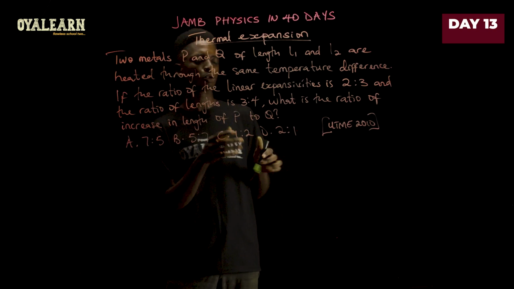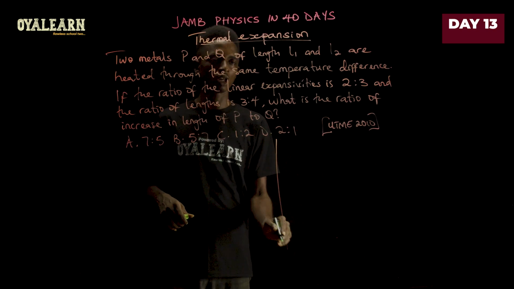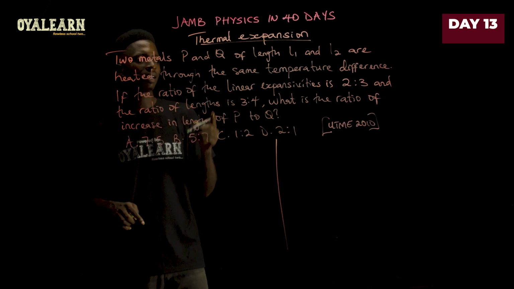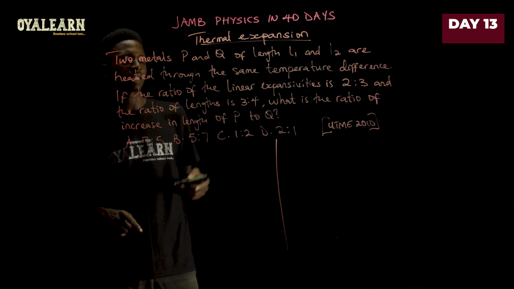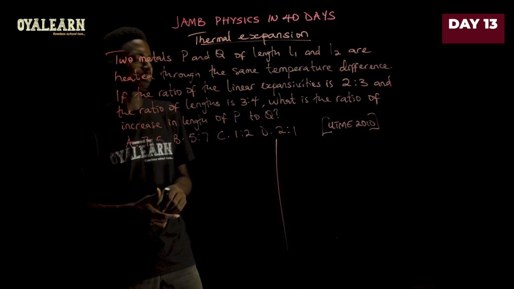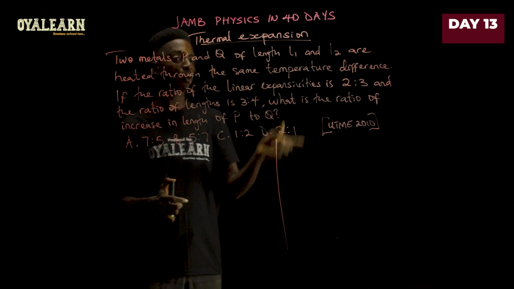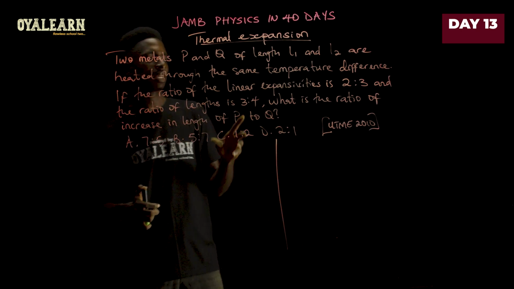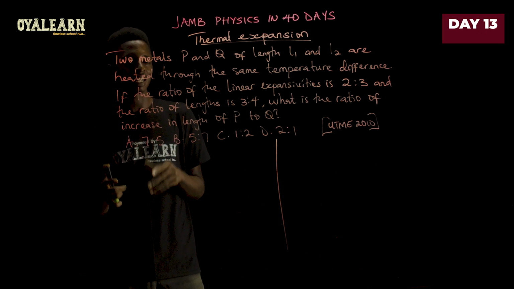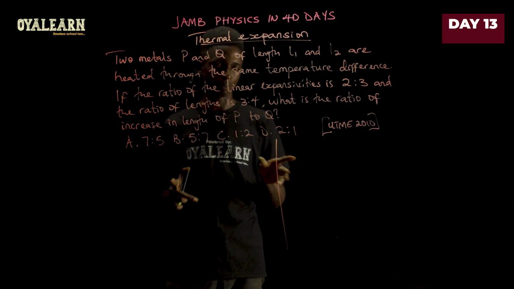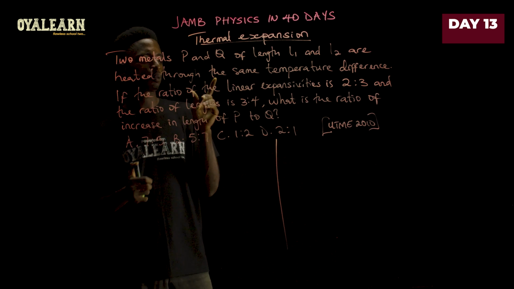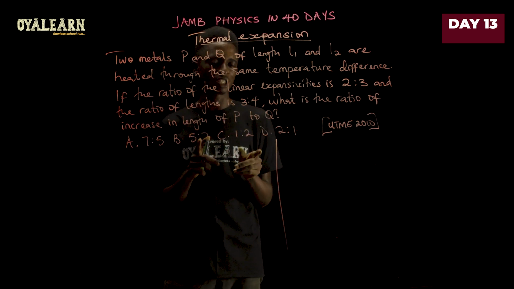Some things we should take note of from this question is that metal P and metal Q are going to have the same temperature difference. So we are not working around temperature difference, because theta 1 and theta 2 of P and Q are the same. But we are given the ratio of their original lengths.